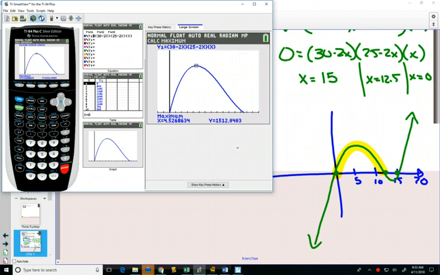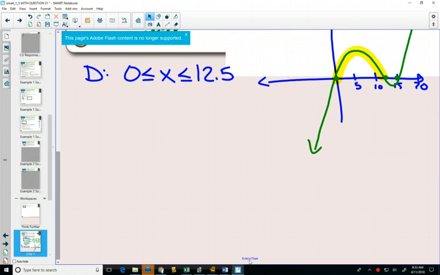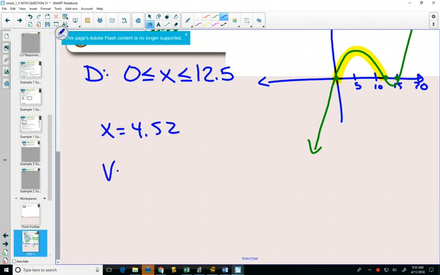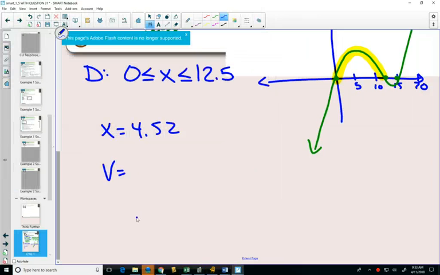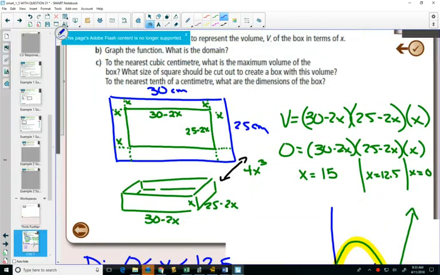Volume was 1512. Now, you will always need units in these questions.